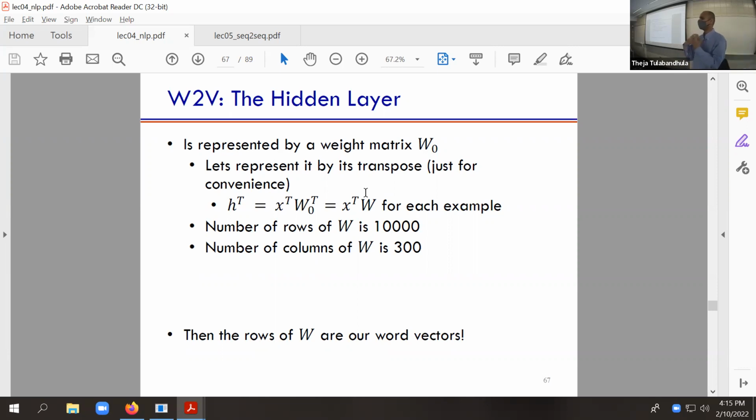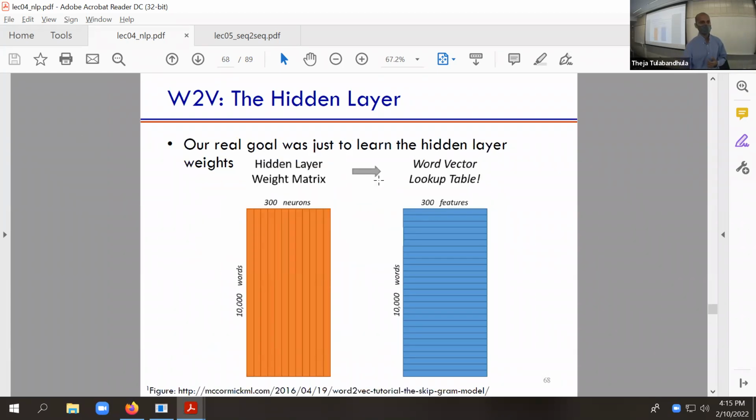Instead of that, I want to make the number of columns of the first matrix 300, so just transpose it. This was the weight matrix multiplying from input to hidden, and we transposed it. Therefore, there are 10,000 rows and 300 columns. We're going to interpret it row by row.